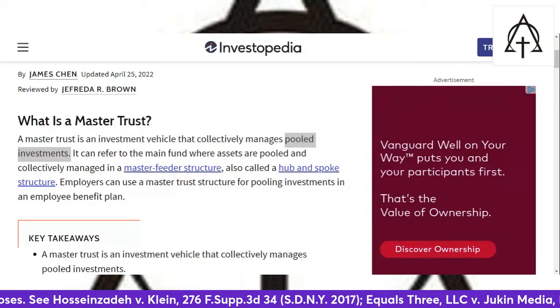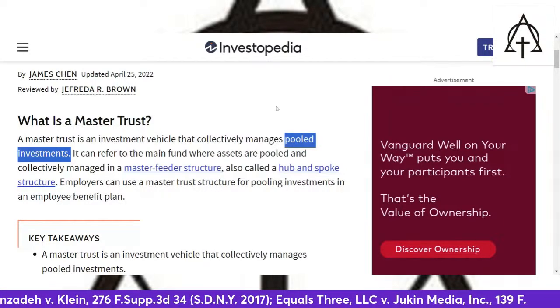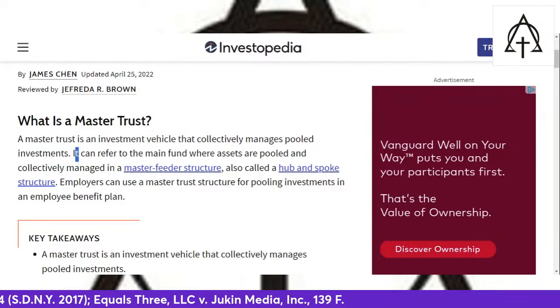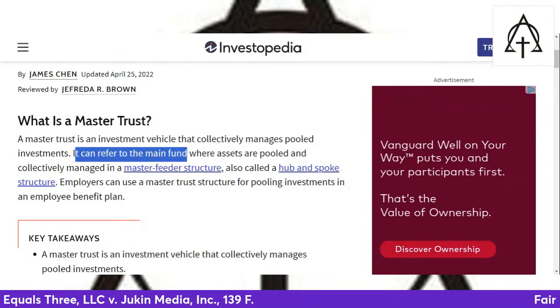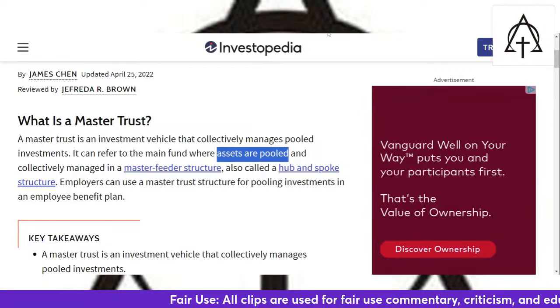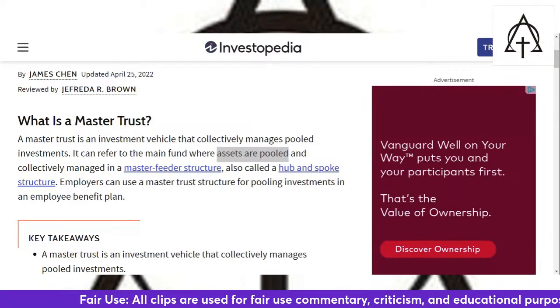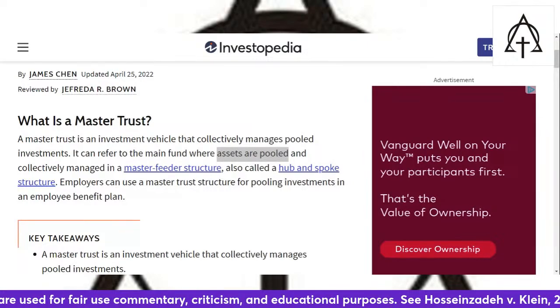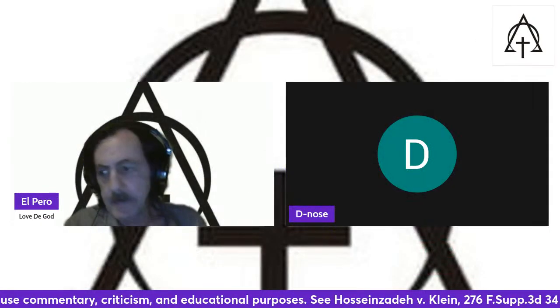That's the whole intent, is to make the ledgering easier, and it can refer to the main fund where assets are pooled. So like I said, they're taking our information and putting it in their system as an investment, as their asset.